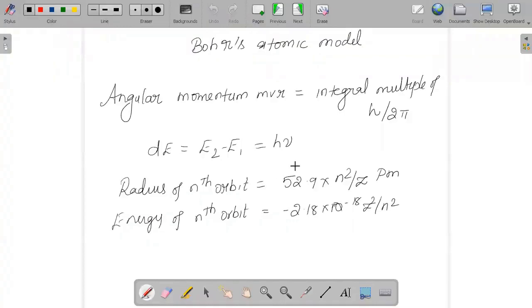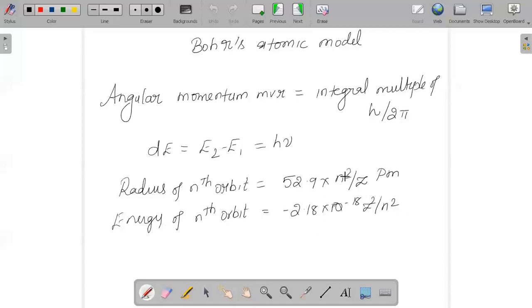And one more atomic model which we should study is Bohr's atomic model. Angular momentum is nothing but an integral multiple of h by 2 pi, and energy you could calculate as E2 minus E1, which is equal to h nu. And the radius of your nth orbit, you could say that it is 52.9 into n square by Z pm, and the energy of your nth orbit also.